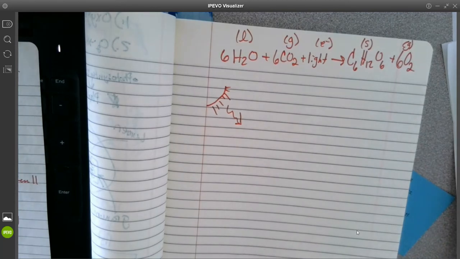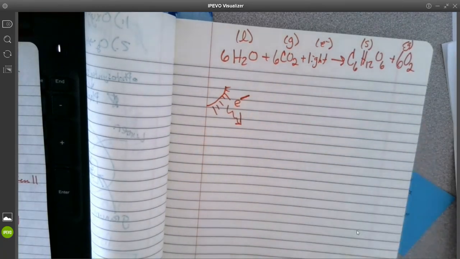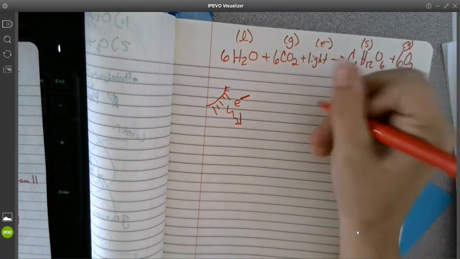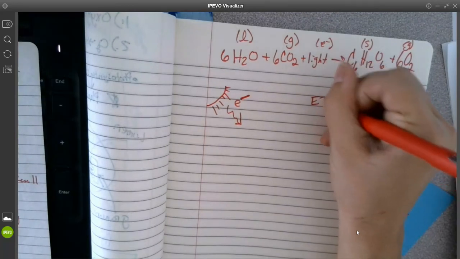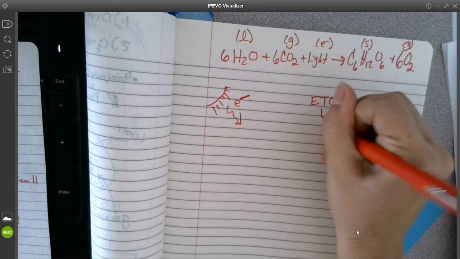Light is a funny thing. If you recall, light can be viewed as a wavelength. And with wavelengths, we are generally giving off electrons, or giving off that negative charge. And this is introduced to what is called an electron transfer chain. So I'm going to write that off to the side.